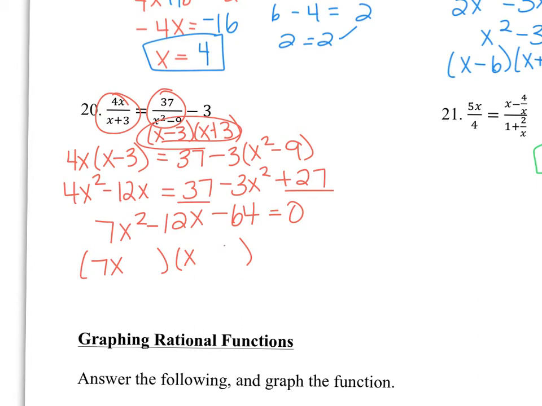So if I put 4 here and 16 here, 7 times 4 is 28. 28 and 16, hey, makes 12. But I want negative 12. So that's positive, and that's negative. So x equals 16 over 7, and x equals negative 4.